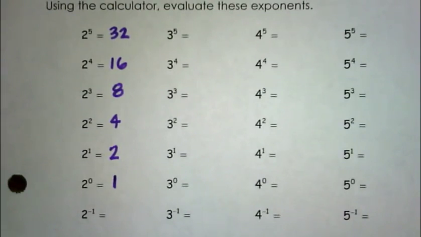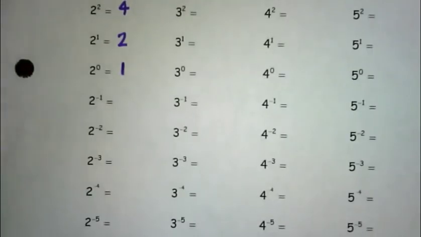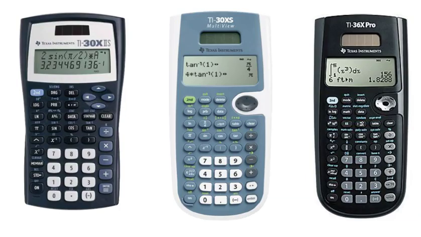All right, now we're going to work with negative exponents because we're going to keep going down this list. So there's 2 things that we need to do. First, we need to make sure we enter a negative for the exponent, but then we also need to change our answer into a fraction in order to see what the pattern is. So going back to your calculators, the negative button for all of the calculators is down here.